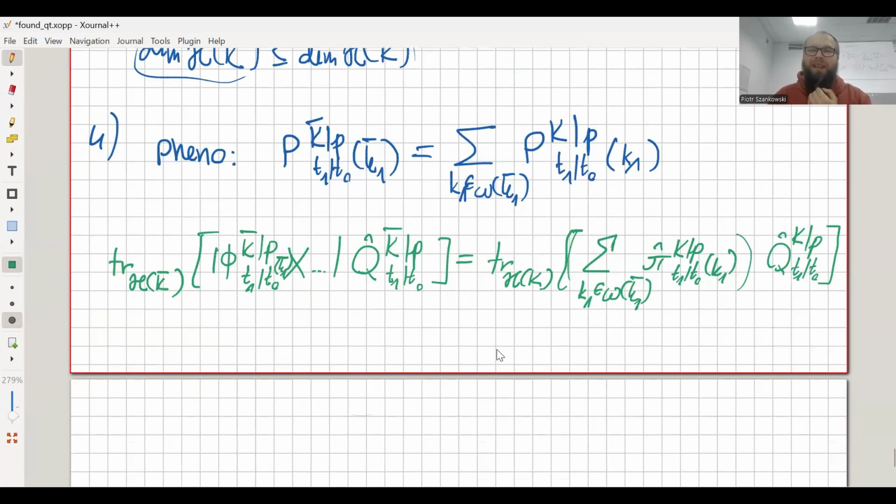Okay, but this poses a problem because here you have operators that live in a smaller Hilbert space, and you want to map them onto something in a larger Hilbert space. In principle there are infinitely many ways to do that.